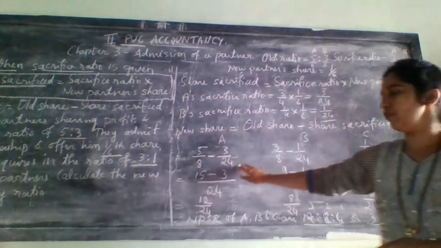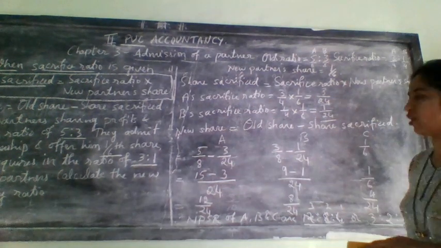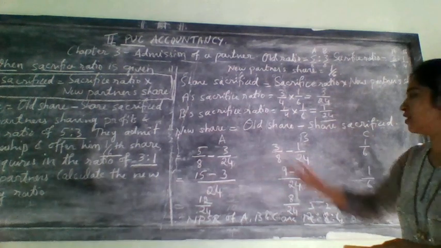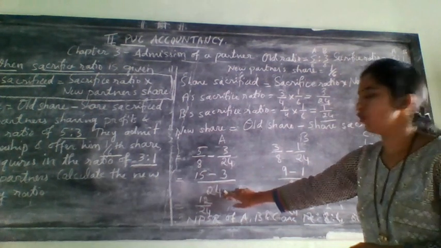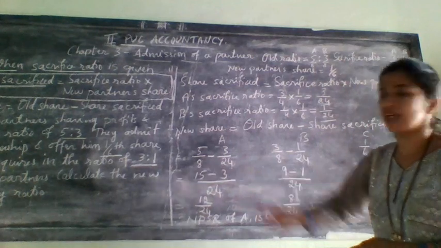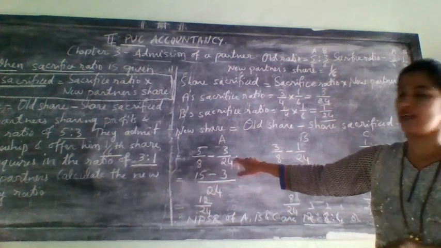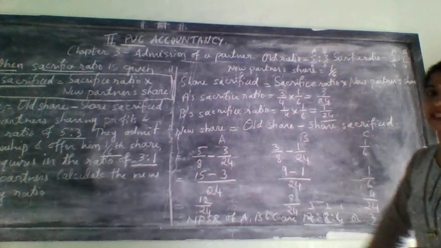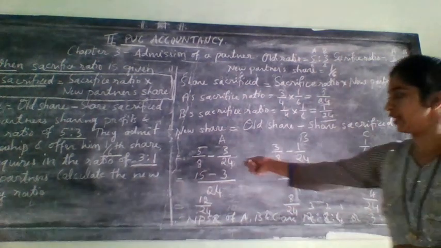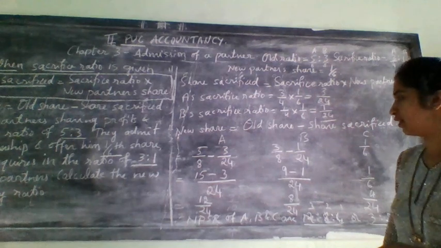Next, we need to convert this into common denominator. Why? Because we are doing here subtraction. So, write here 24. 24 we can take. Why? Because 24 is the highest denominator here and it can be divisible from 8. It is there in 8 table. So, you can take 24 as a common denominator.